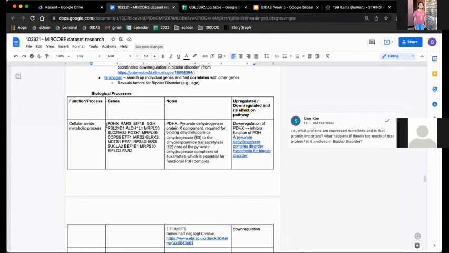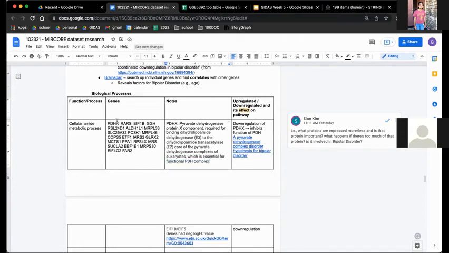Then I did specific research on one of the genes, PDHX, a pyruvate dehydrogenase protein X component, which is required to bind to other proteins in the pyruvate dehydrogenase complex of eukaryotes, and the binding is important for a functional PDH complex.